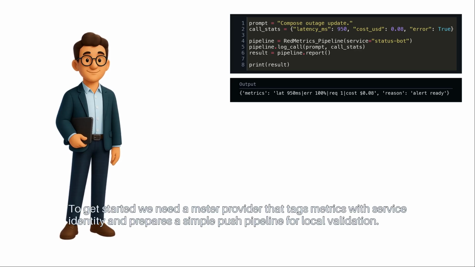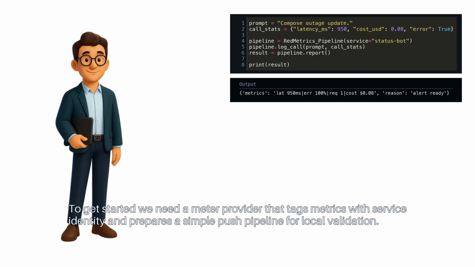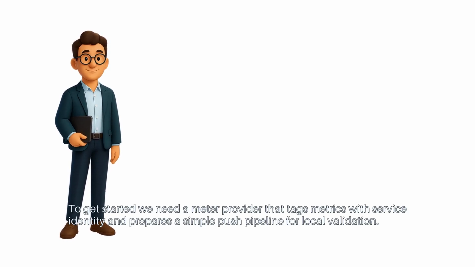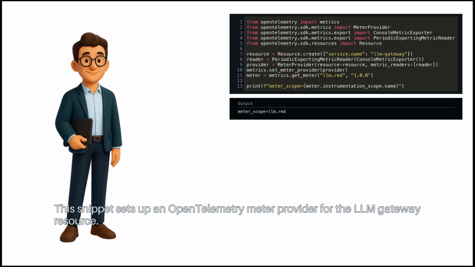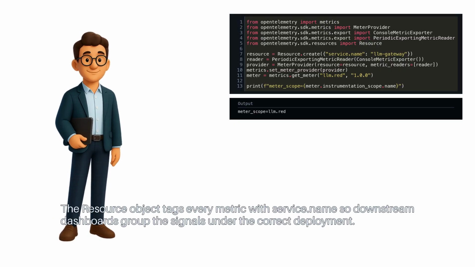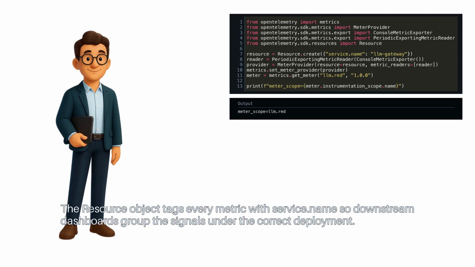To get started, we need a meter provider that tags metrics with service identity and prepares a simple push pipeline for local validation. This snippet sets up an OpenTelemetry meter provider for the LLM gateway resource. The resource object tags every metric with service.name, so downstream dashboards group the signals under the correct deployment.